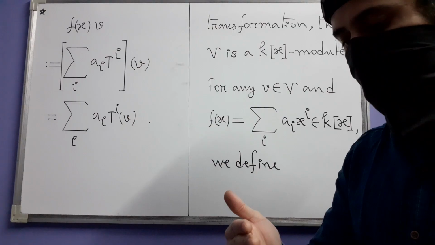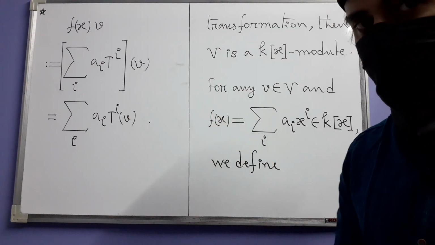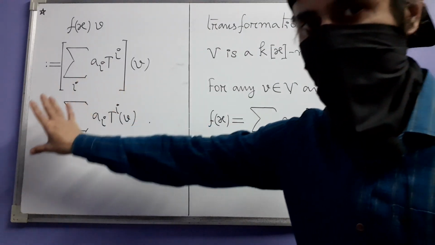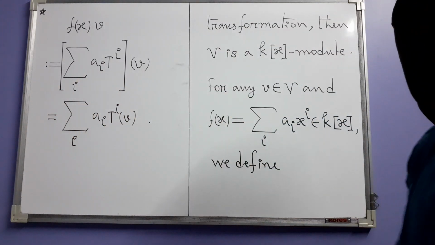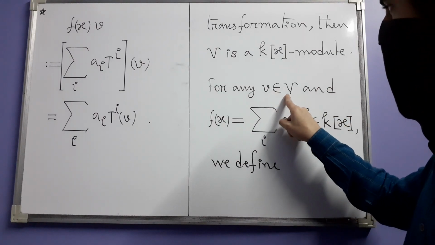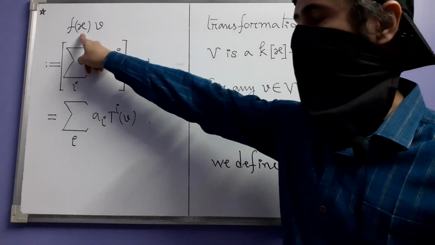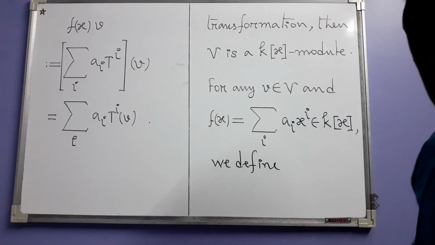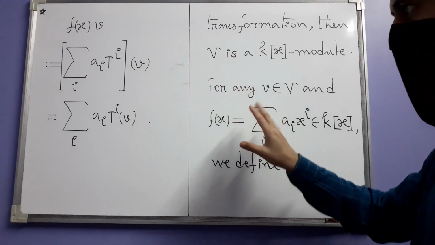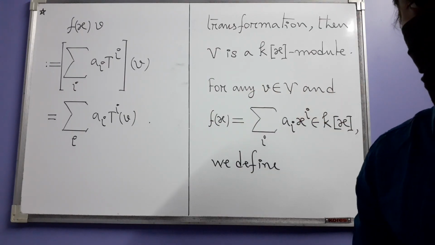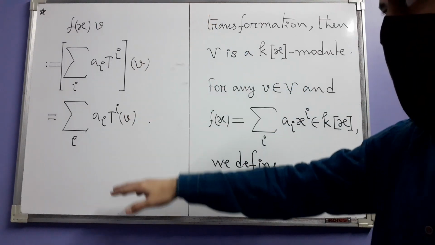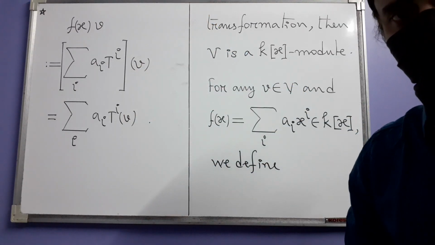It means applying i copies of T to v. That's what it means. So this entire thing is again a vector in V. So that's how we get a product of an element of the vector space by an element coming from this polynomial ring, and that is again an element in the vector space. And this product gives V a module structure. It becomes a K[x] module. The verification of those 4 axioms for this product I am leaving to you.